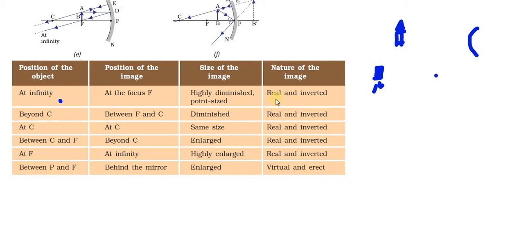It is also a real and inverted image, so you will not get a straight, erect image. It is inverted, reverse. Suppose this is the pencil, and you keep it in front of the mirror. When you see that image in the mirror, it may look somewhat like this, a reverse, inverted image.